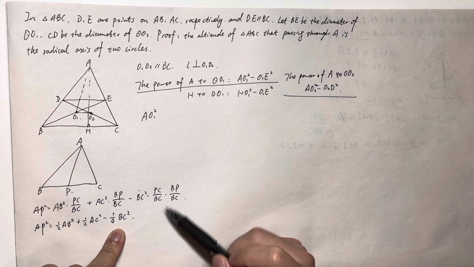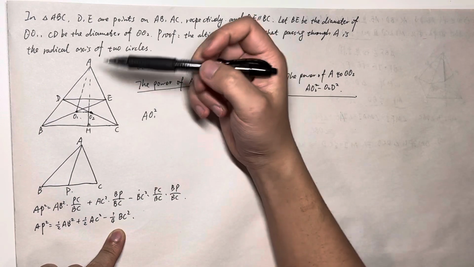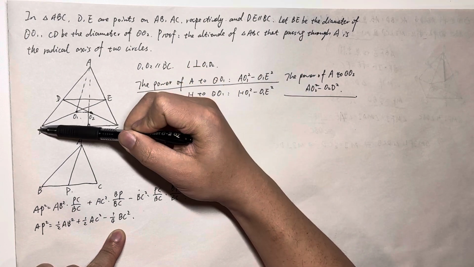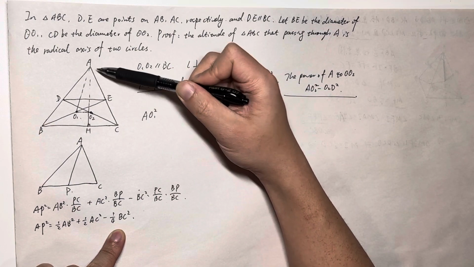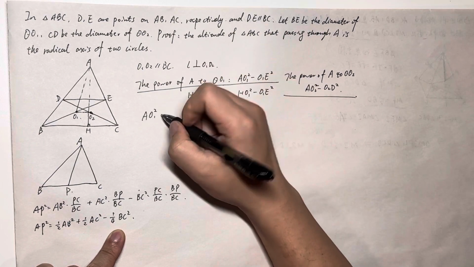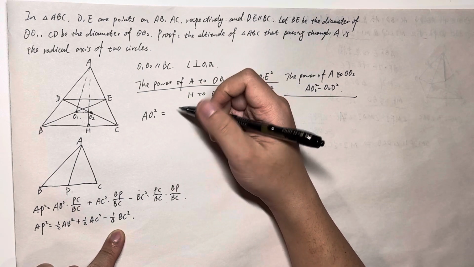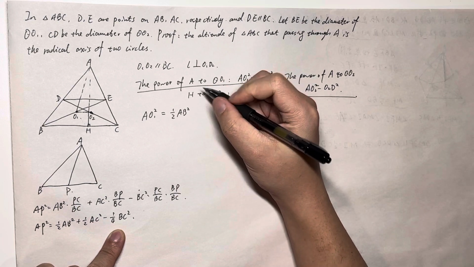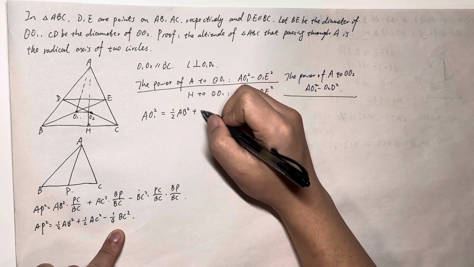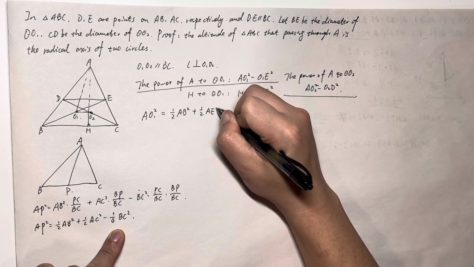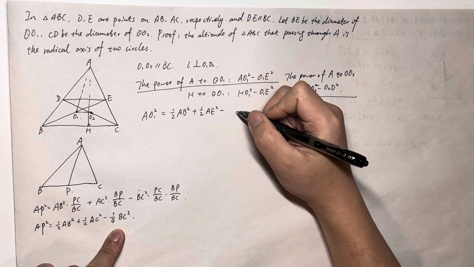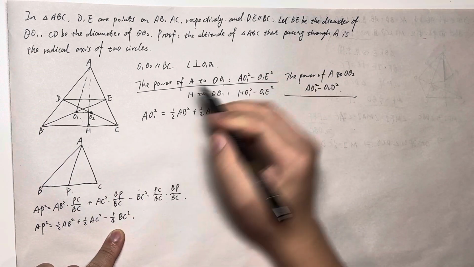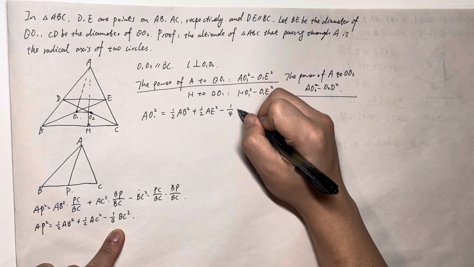That is valid for this problem, because in triangle ABE, O1 is the midpoint of BE. So AO1 squared can be written as half of AB squared plus half of AE squared minus a quarter of BE squared.